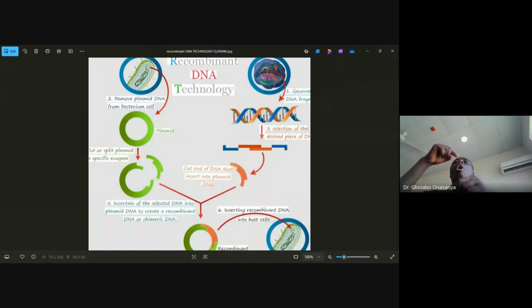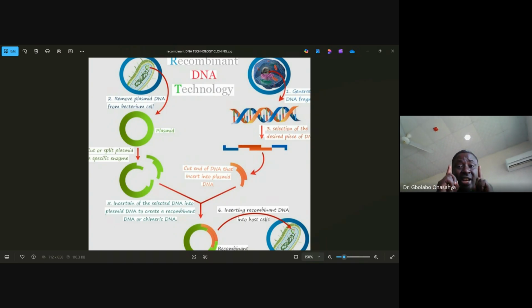So all the bacteria that have taken up the recombinant plasmid will produce the penicillin resistance gene, so they will be able to survive inside the penicillin medium, while those bacteria that fail to take up the recombinant plasmid will die. By so doing, we have succeeded in creating recombinant transgenic bacteria.